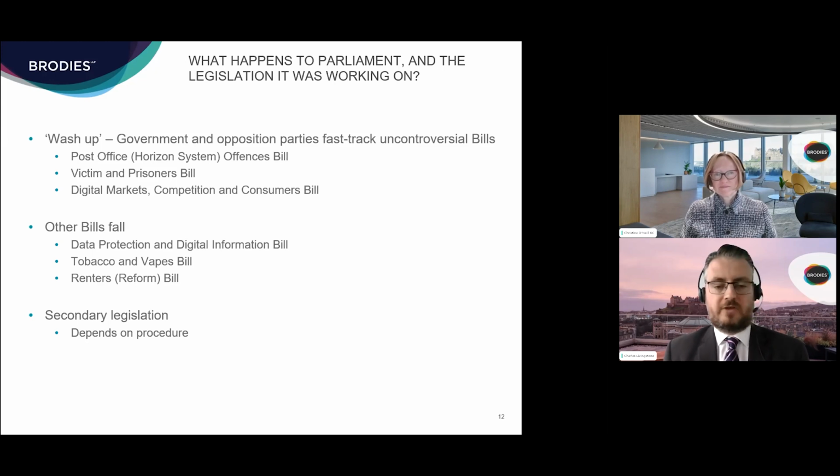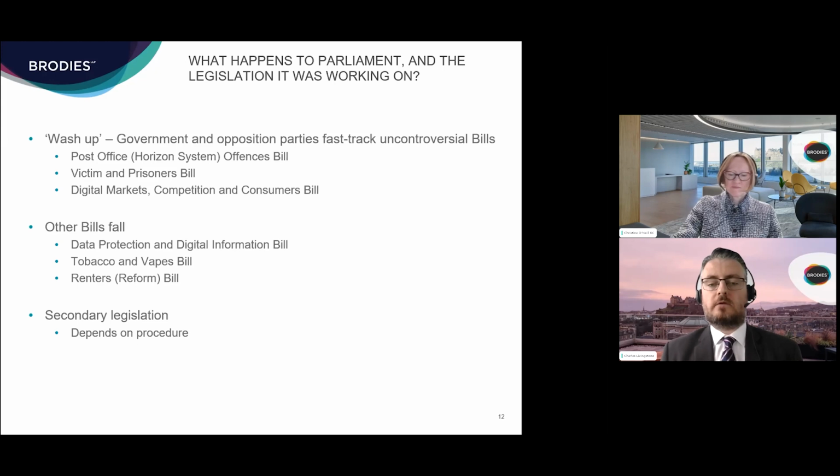That's what's called the generational tobacco ban, and also quite a lot of regulation around single-use vapes and vape flavours and that sort of thing. And also the Renters Reform Bill, which was quite an important piece of legislation in relation to the private residential rental sector in England and Wales.